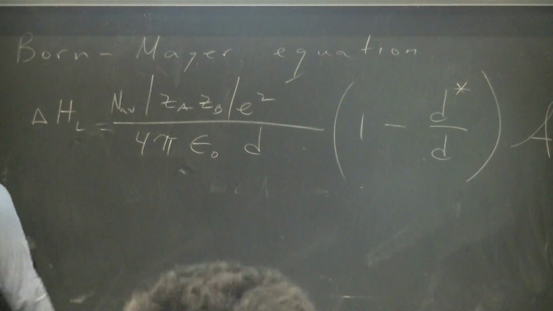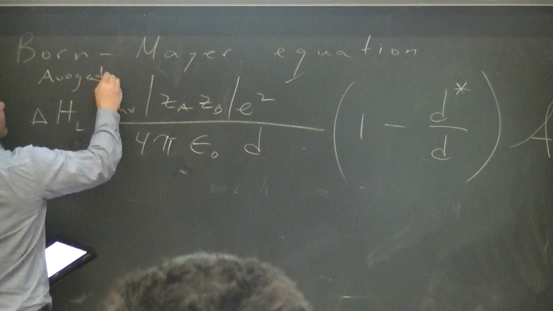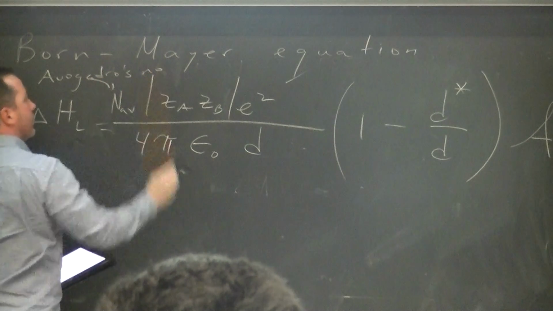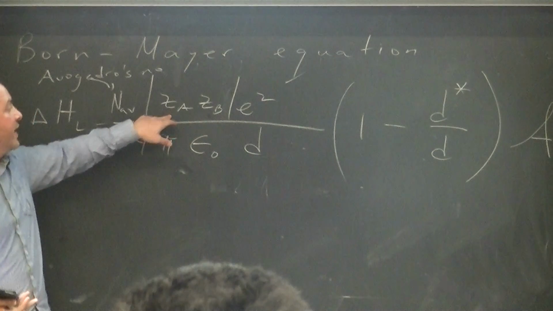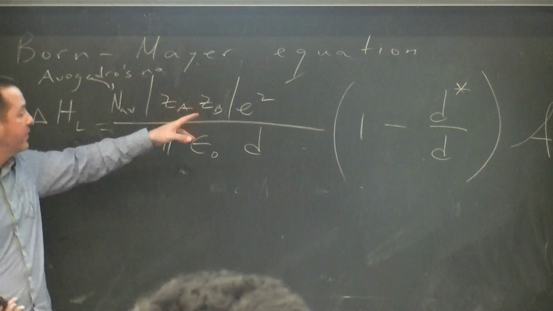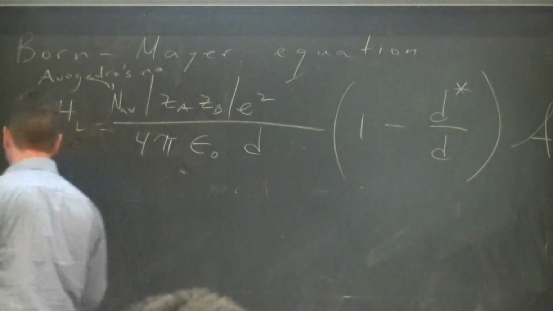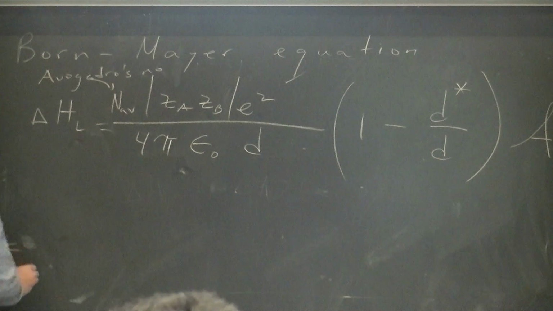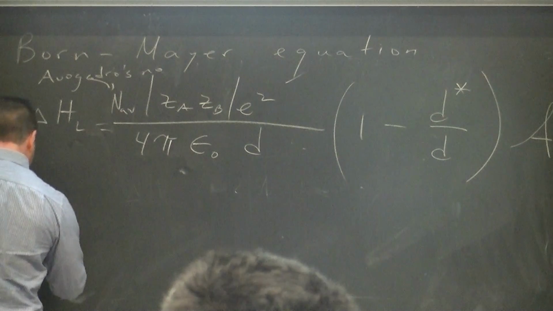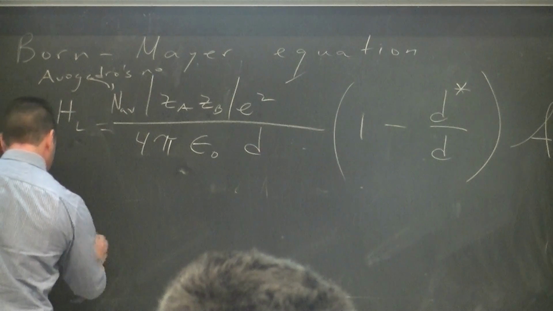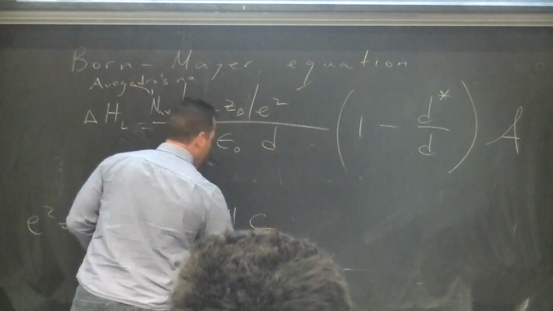So let's start from here. This is Avogadro's number. Zn and Zb are just the charges of the anion and the cation. E squared is the charge of the electron, which is equal, well, it can be equal to different things, but just to give you a number, 1.602 times 10 to the minus 11 coulombs.